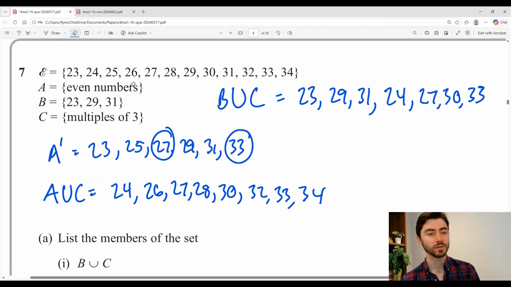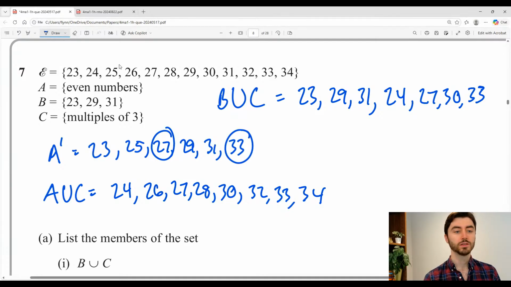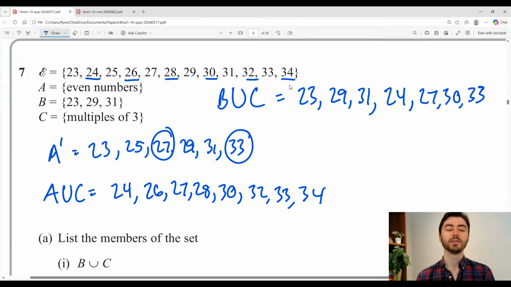if we look at this universal set, to do A union C, I use an underlining method. So anything that's in A, we can underline all the even numbers, and we can underline anything that is in C, so all the multiples of 3. So 24, 27, 30, 33.